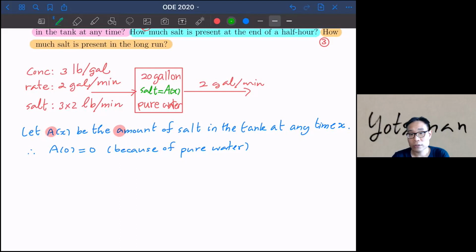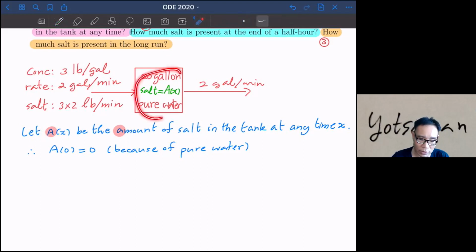If I ask you about the concentration of the brine in the tank, to compute it we need the amount of water, which turns out to be 20 gallons, right?